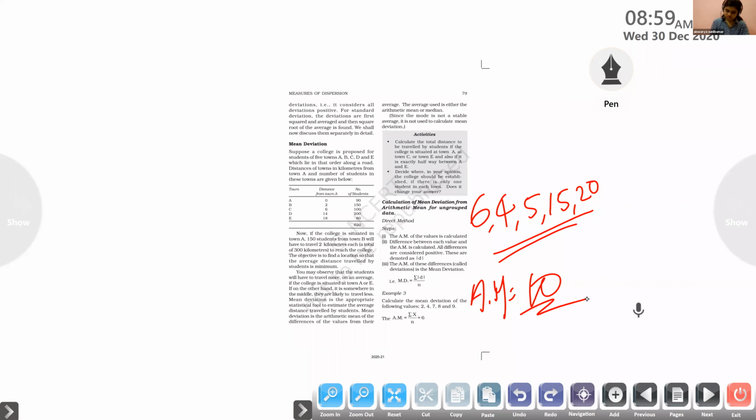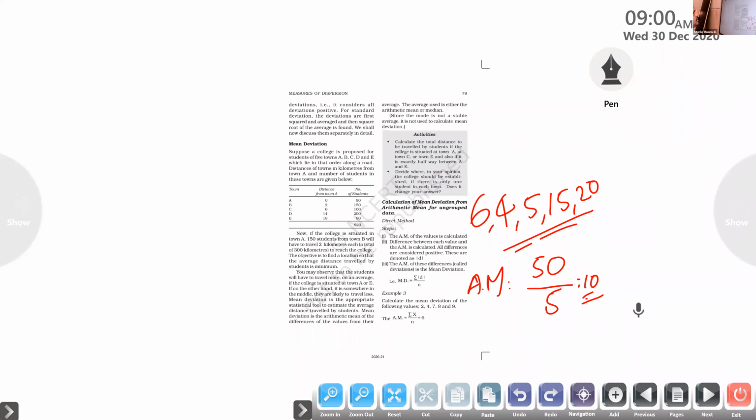How did the 10 come? 50 divided by 5, the arithmetic mean. Of course. 6 plus 4, 10, 10 plus 5, 15, 15 plus 15, 30 plus 20, 50. The number of observations: 1, 2, 3, 4, 5. So the answer is 10. Good one. Then apply that. Find out the difference between this 10 and all these data.